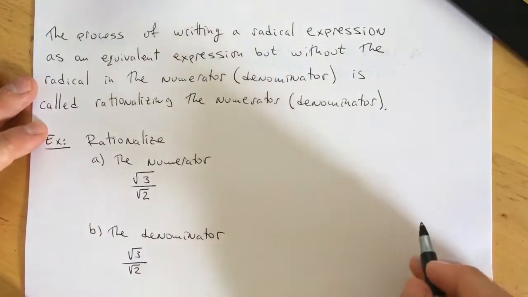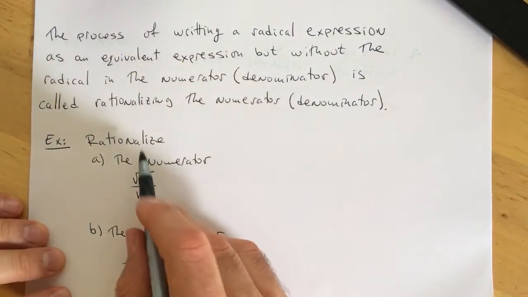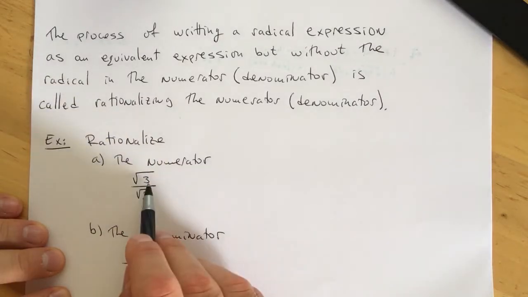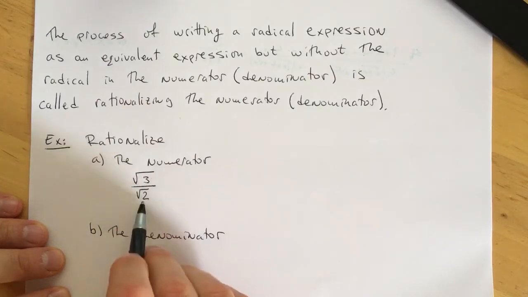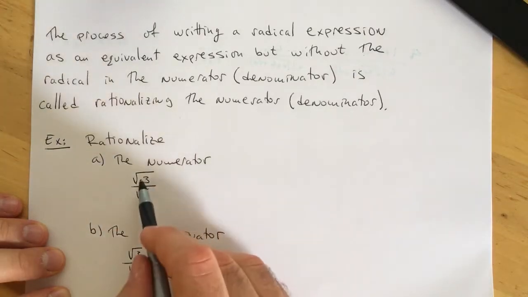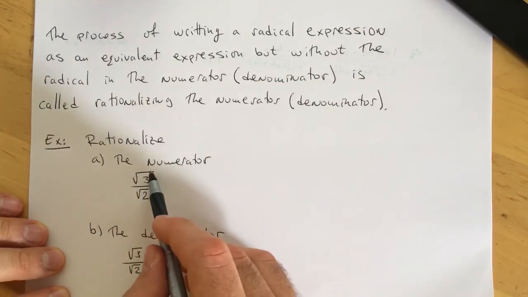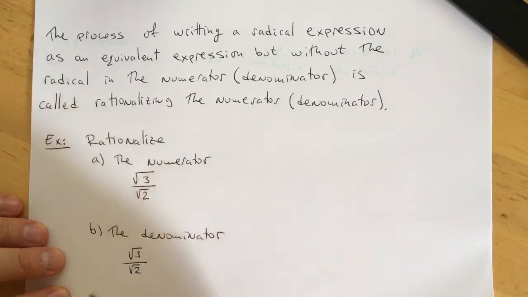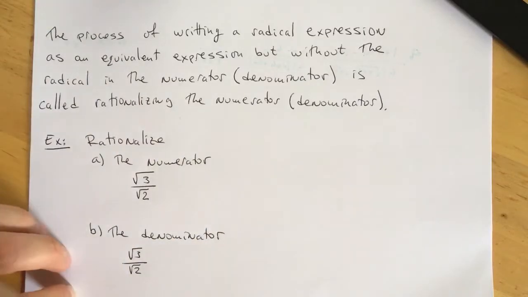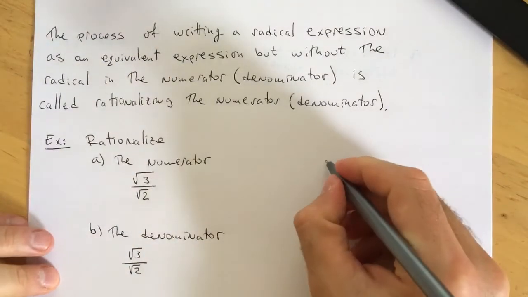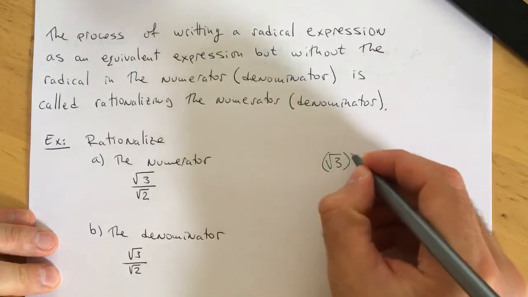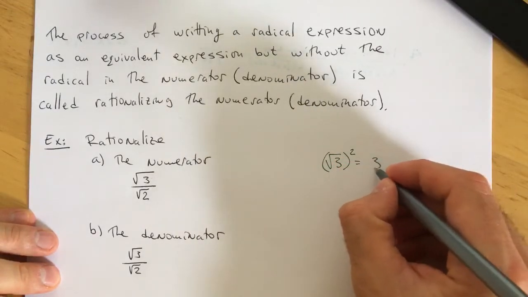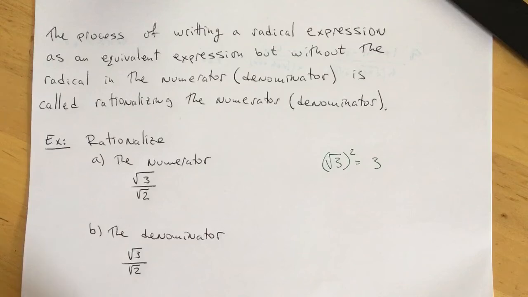So let's start with a very simple example. Rationalize the numerator. That means that I want to write an equivalent expression of this one right here, square root of 3 over square root of 2, such that this square root of 3 will not show up in the numerator. So what do we know? We know that square root of 3 squared is equal to just 3, right?